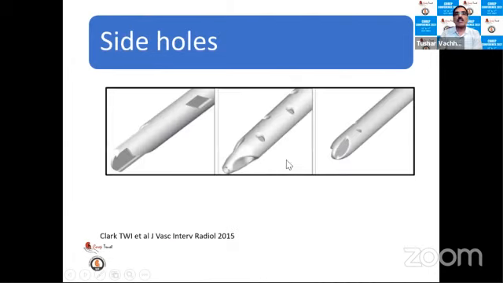And when we look at the different side holes, again, there are catheters which have big slots or big rhomboid slits, and there are catheters which have small, tiny holes, which may be few versus many. So again, depending on the type of the catheter design, the blood flow may vary and be different. So it's good to know what catheters are being used in your particular dialysis unit.